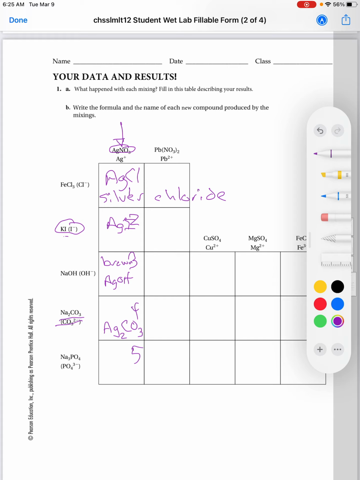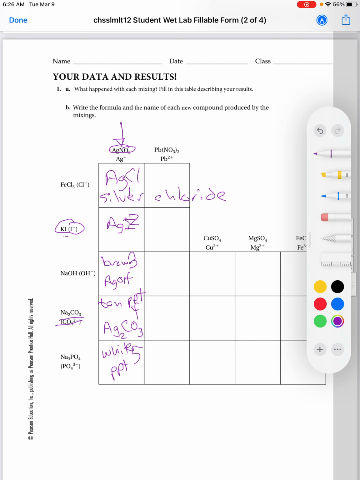And that would be its formula. Its name is silver carbonate, and this gives a tan precipitate, and we frequently abbreviate precipitate PPT because there's often not a lot of room. Down below would be silver phosphate, Ag3PO4, and it gives a white precipitate.